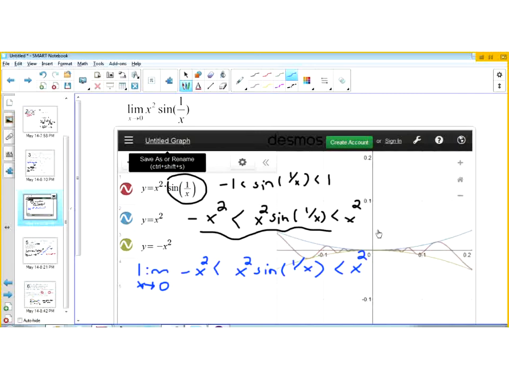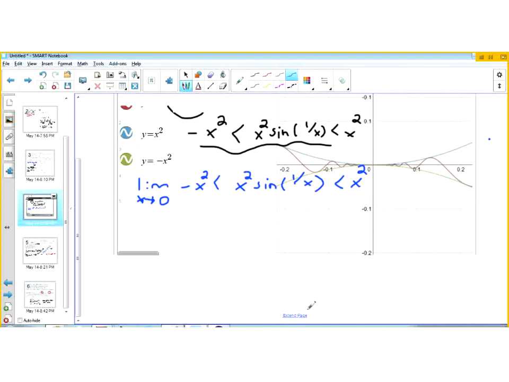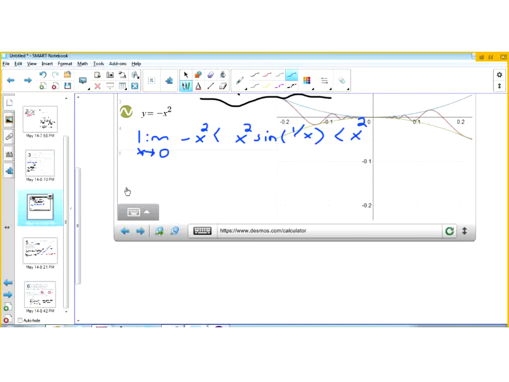So this is equal to the limit as x approaches 0 of negative x squared, which is less than the limit of this peculiar function.